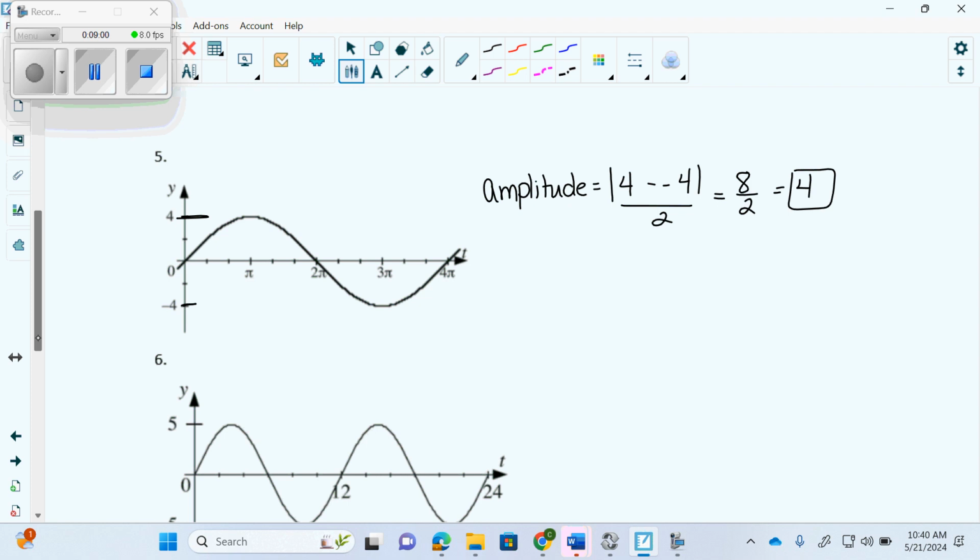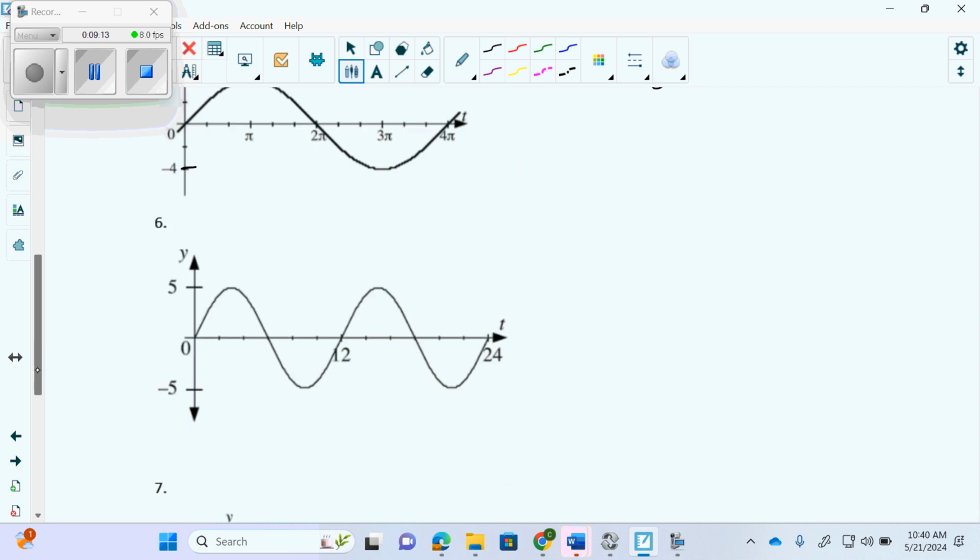These ones are all symmetrical about the x-axis, right? Whenever they're symmetrical about the x-axis, the amplitude is just the vertical distance up or the vertical distance down, right? Number 2 wasn't symmetrical about the x-axis, so it wasn't the same. Okay, this one.